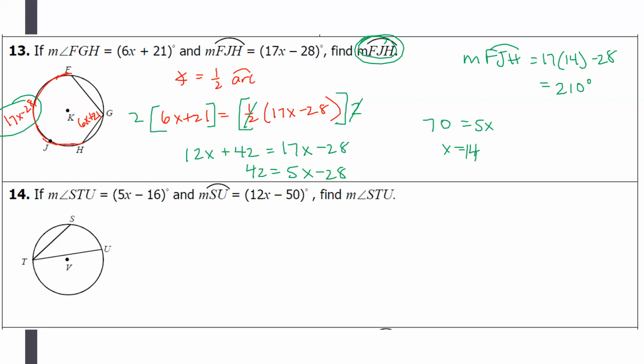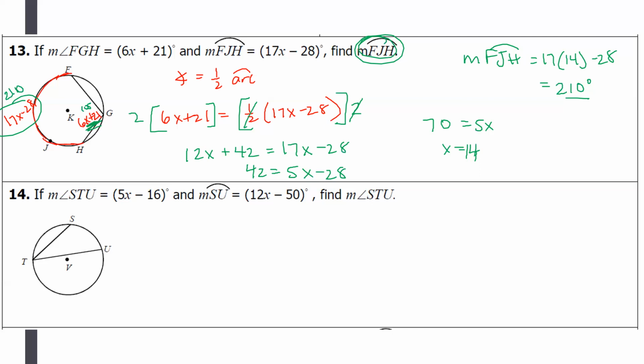If you wanted to check it, you could also plug it in here to the angle. 6 times 14 plus 21, we get 105. That had better be half of the arc inside of it. And it is. 105 is half of 210. So that checks out.